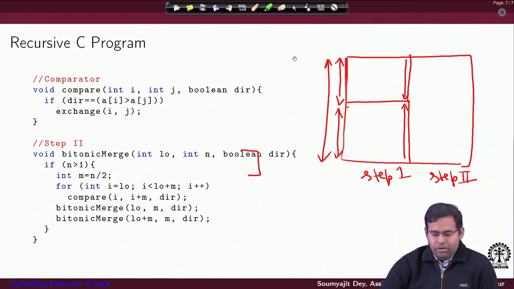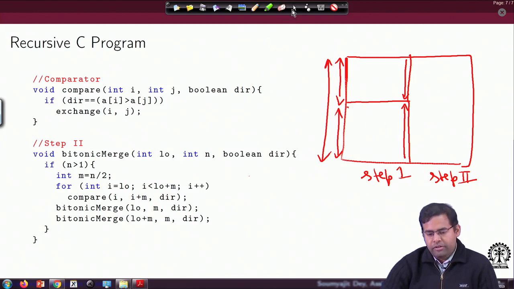We have also discussed that step 1 is nothing but a generalization of step 2. I can keep on applying step 2 recursively on substructures to realize step 1, which means it's fundamental to understand the Bitonic merge problem.